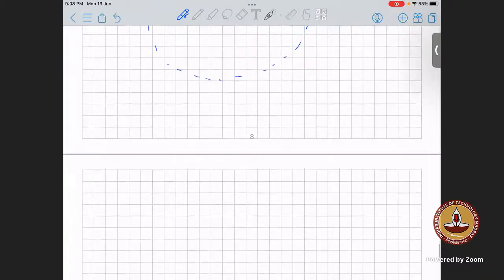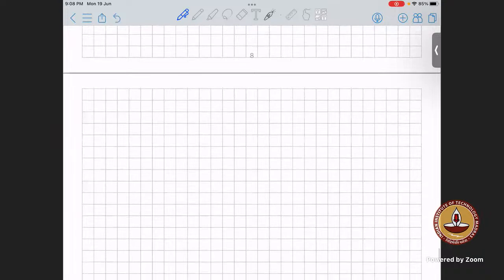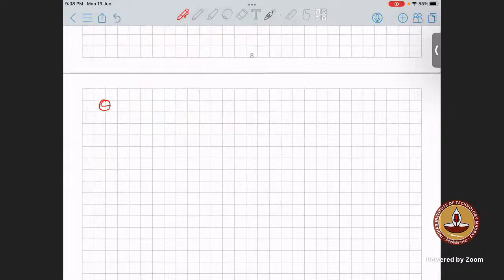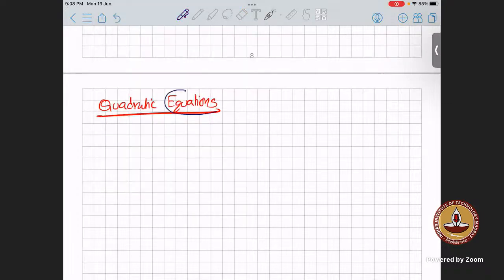And then coming to the final part, most probably the final part of week 3: quadratic equations. This is a new term. Till now we heard about quadratic functions.